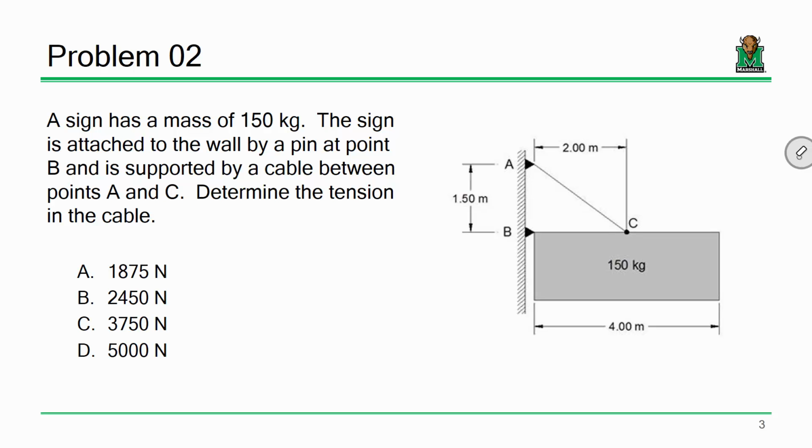I gave you a mass of that sign. So I must take that sign's mass and adjust it by gravity to get a weight. See what I mean? So, that's something really easy that could trip you up. Now, the choices are kind of nice, but let's say I gave you these choices and one of them was 10 times more than the other, you might actually pick the smaller one because you didn't adjust it by gravity. So, something to think about.